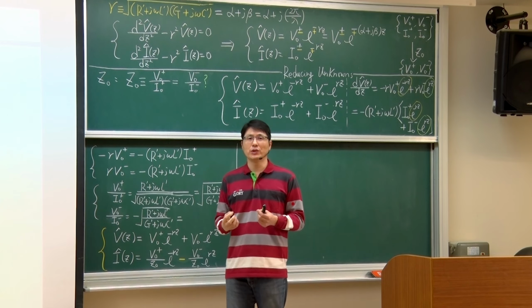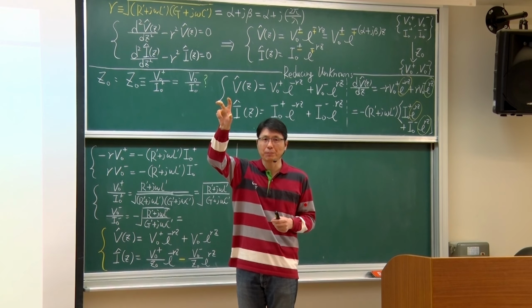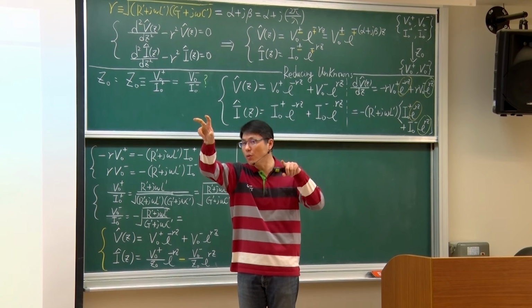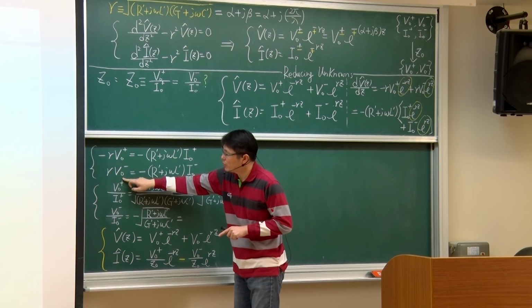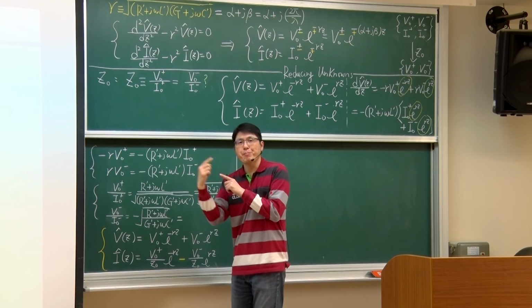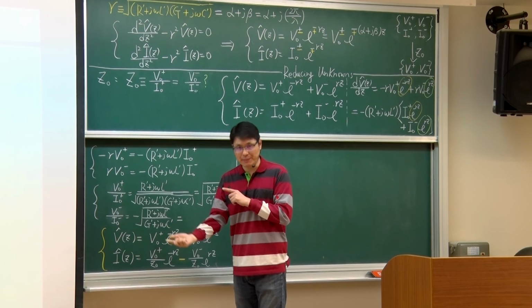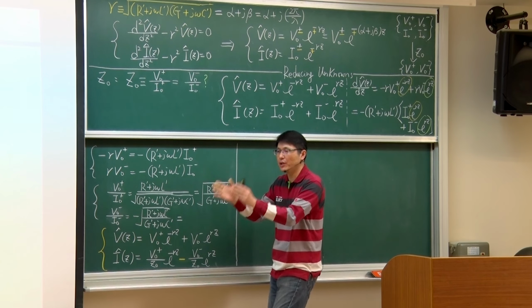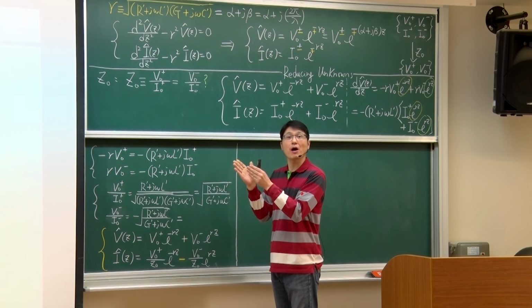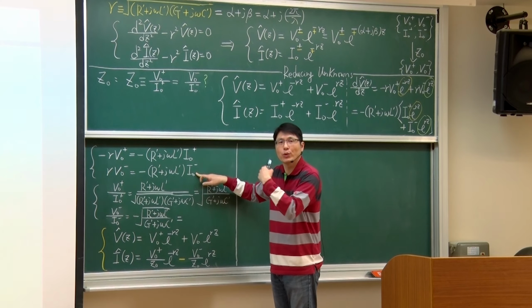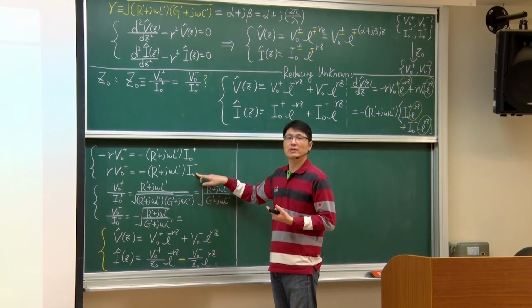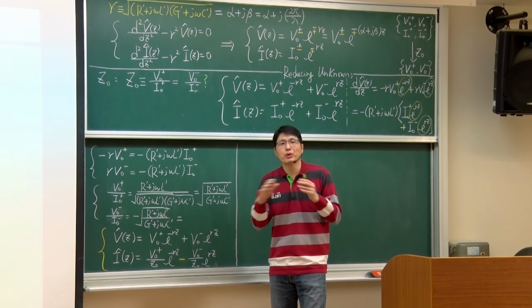So this is telling you, once you know V0 plus, you already know I0 plus. By the same meaning, when you know V0 minus, the backward propagating voltage amplitude on the transmission line, once you know the parameters of your transmission line, you know its corresponding backward propagating current amplitude. So this is a very beautiful message.